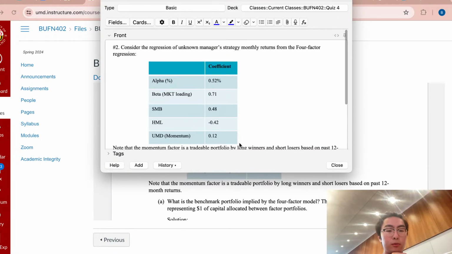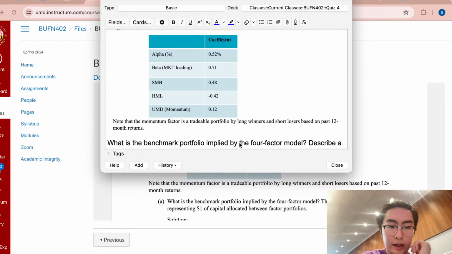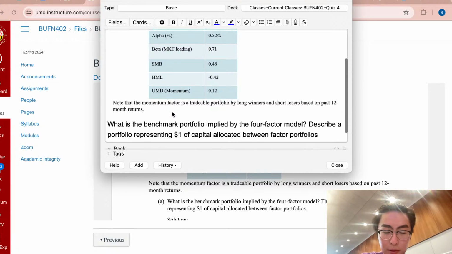okay, so when we think about these factors, actually before even the portfolio, some of these factors are self-financing and some of them are not self-financing. What I mean by self-financing is that you don't actually have to spend $1 in order to implement the strategy. So these 3 factors down here are all self-financing strategies because you're going short the second portion and then going long the first portion.